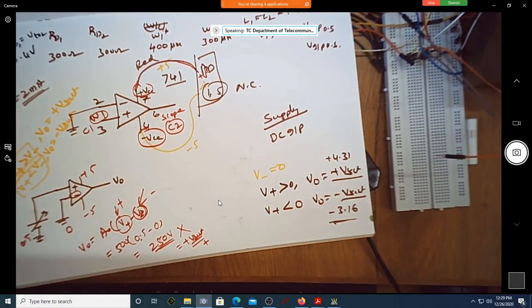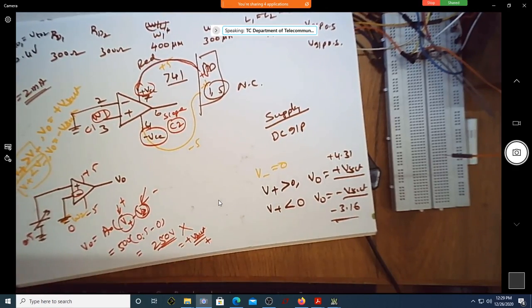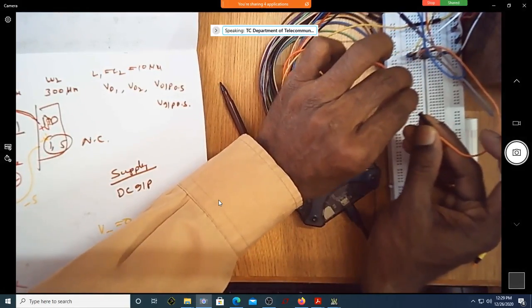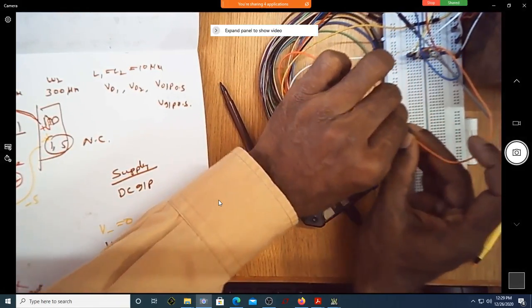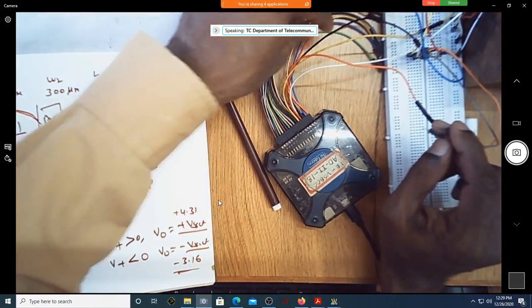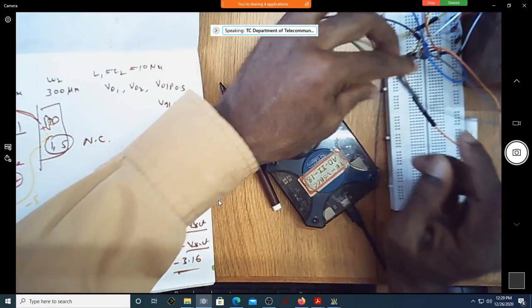Instead, I'll connect it to W2. I'll connect it to some other power supply. Correct? Now I will take out the ground wherever it was grounded. I'll connect it to W2, second channel. Fine.